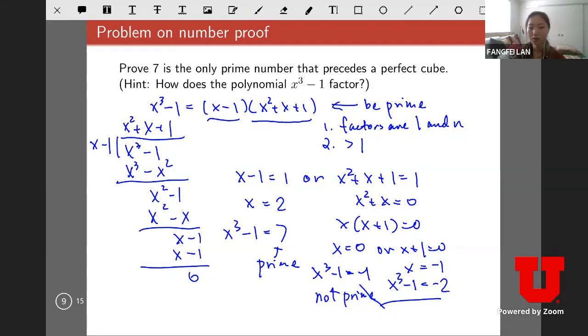It is only prime when it's 7. This is the only time. There's no other time that this form can be a prime. So this is the first way that we can do this.